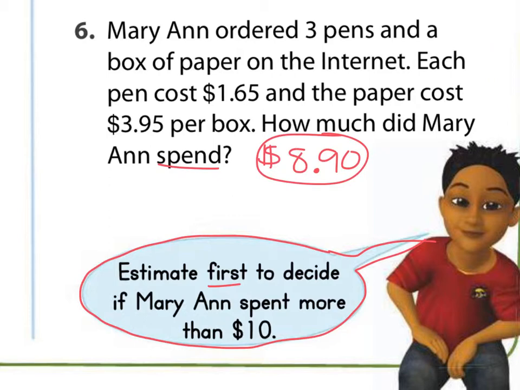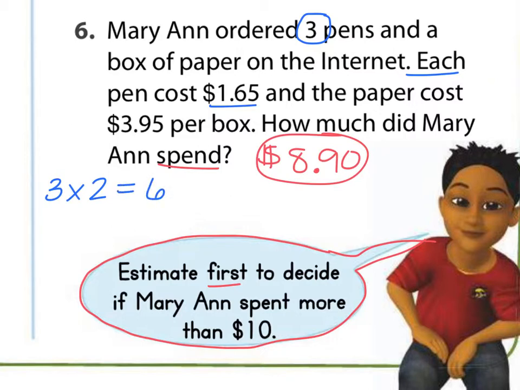would be to think about, well, she's ordering 3 pens and each pen cost $1.65, so 3 pens, and I'm just going to round $1.65 to $2. And instead of writing $2, I'm just going to keep it 2, because it's a whole number. And so that would be $6.